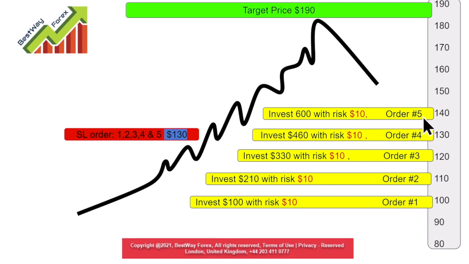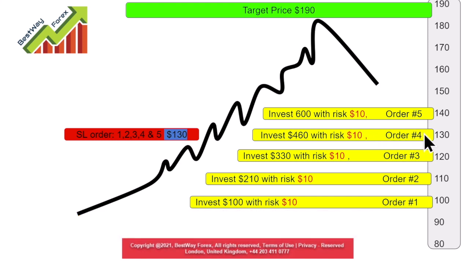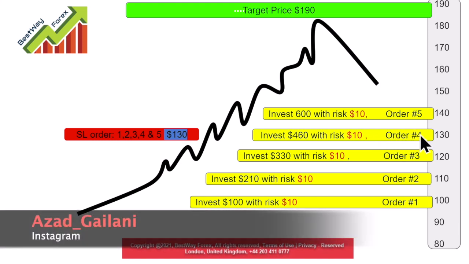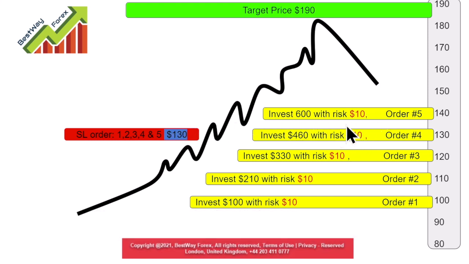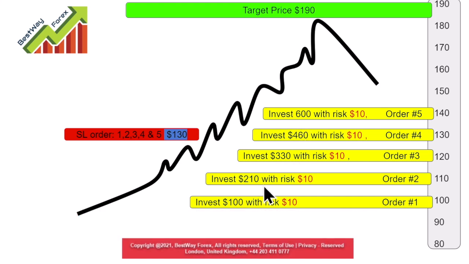As you place one order, the stop loss goes to the next order, and the entry point should be equal to the entry point of the previous one. So the order we got here is number 5. So the stop loss for all these orders that have already been executed will be at the previous entry. The previous entry is 130, so we have 130 here. Do you see, you are risking almost nothing here. It's maximum $10 that you are risking, while you have gone from an investment of $100 to $600 for the same asset.